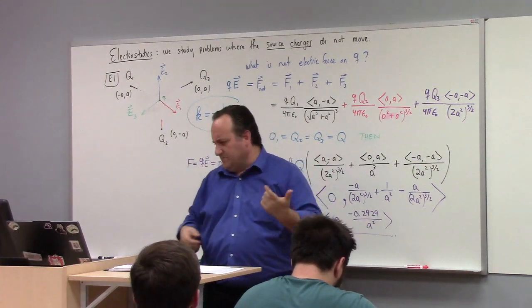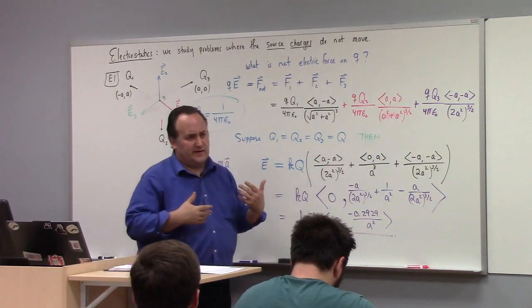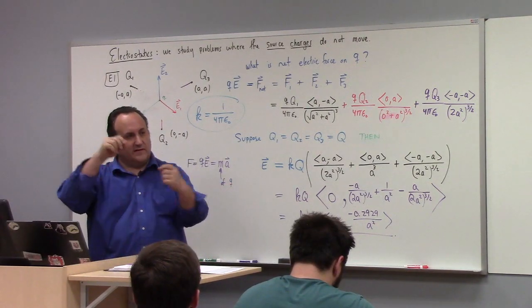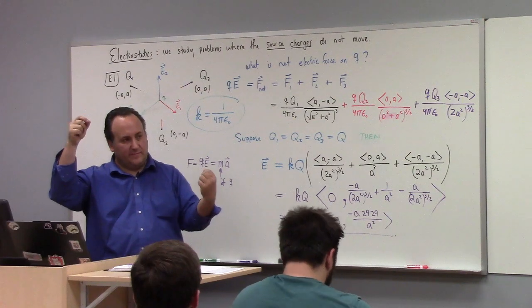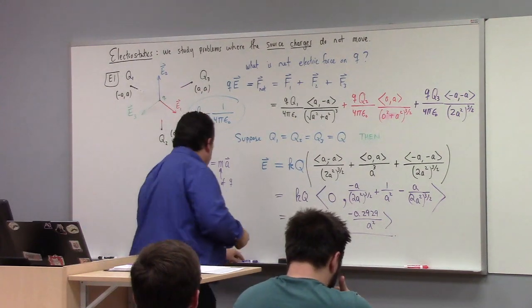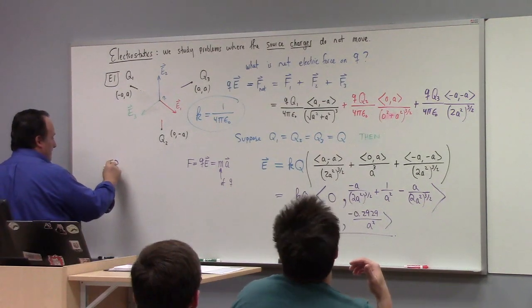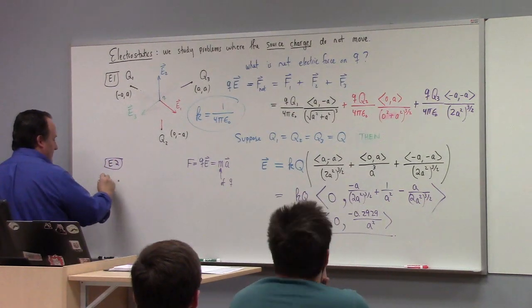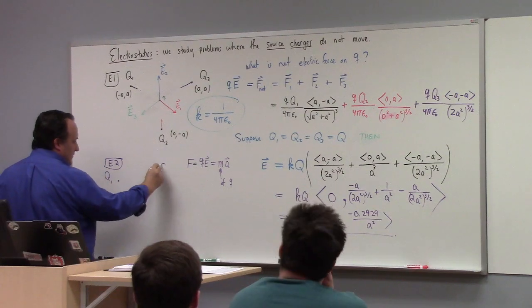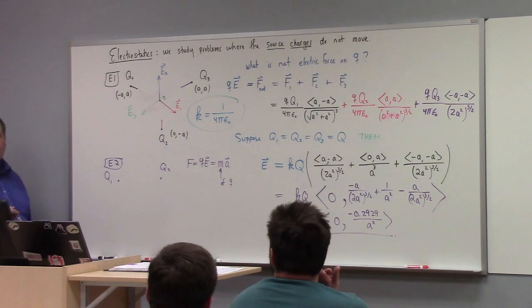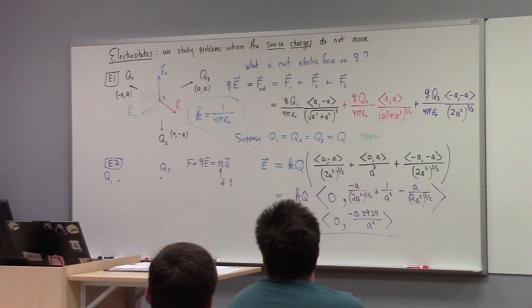If you have 2 charges, and you ask where you should put a third so that it will have 0 electric force, where does it have to be? If I have Q1 here, and Q2 over here, where would I put a third charge to be in equilibrium?